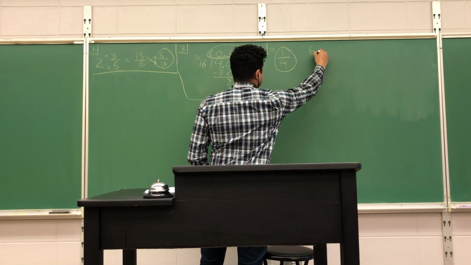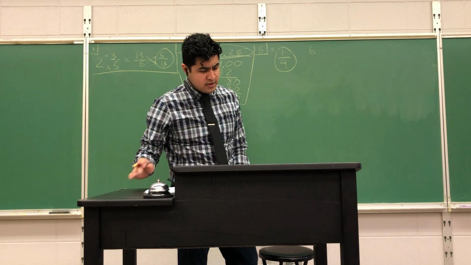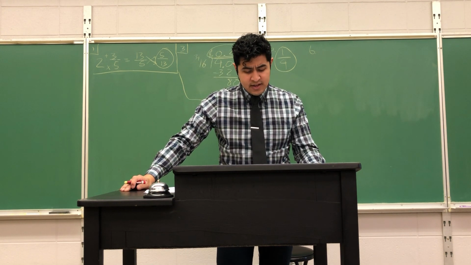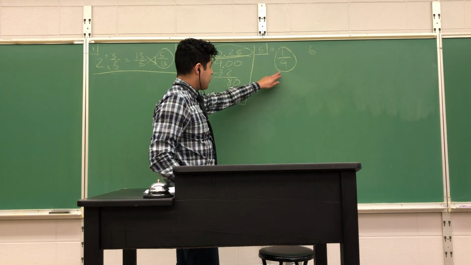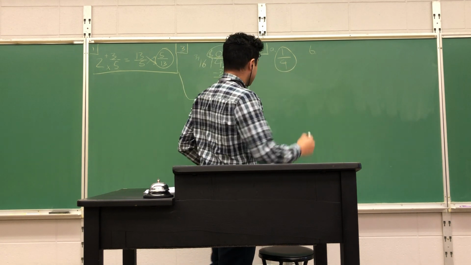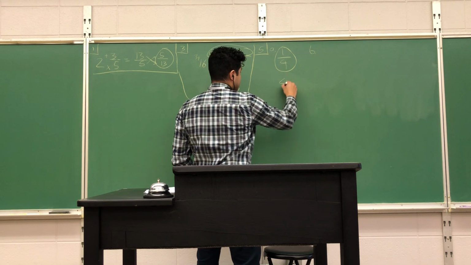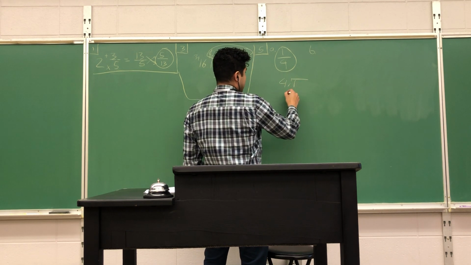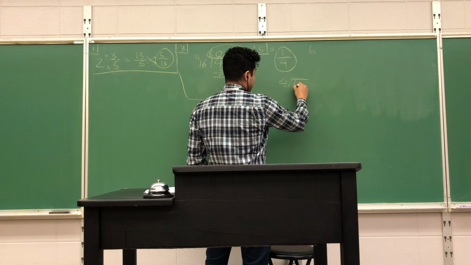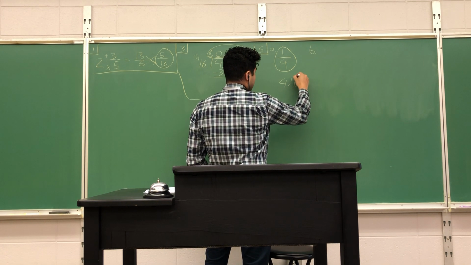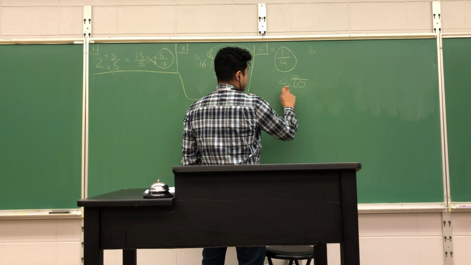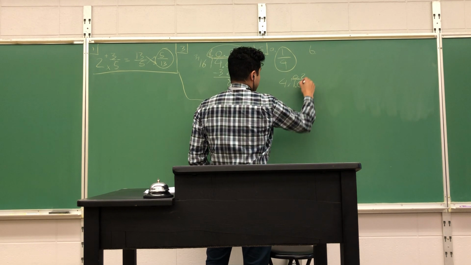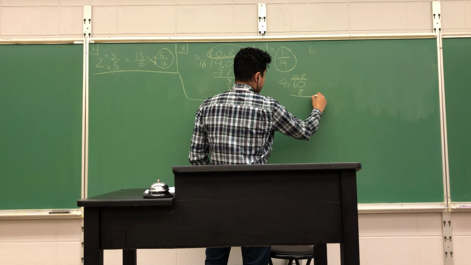And then for letter B, it is asking for a decimal, I believe. Write the fraction in part A as a decimal number, okay? So in order to find this one, very simple, we just make 4 our divisor and 1 our dividend. 4 does not go into 1, so we put our decimal and 0, raise our decimal, write a 0. 4 goes into 10 2 times, okay, which gives us 8.